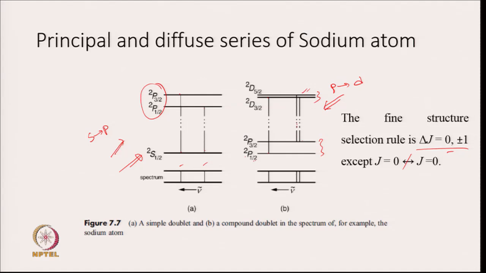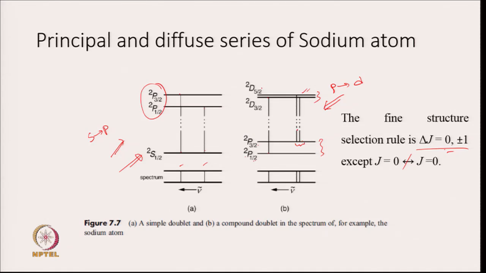But from here, transition to both the D states is possible, because you are going from 3/2 to 3/2, which corresponds to delta J equal to 0, and then you are going from 3/2 to 5/2, where delta J is plus 1. And so there will be a kind of a small doublet.